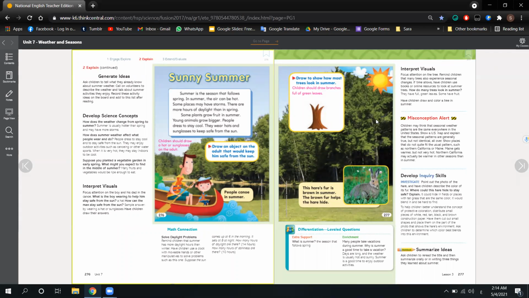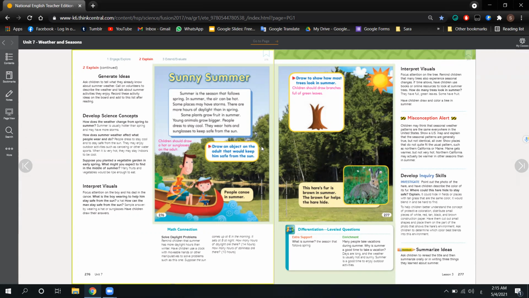Okay, so that's what I need you to know about spring and summer. And if I ask you what happens in summer, you're going to tell me that the air can be hot, and also that some plants grow fruit in summer, and young animals grow bigger, and people dress lightly, and they wear hats and so on.